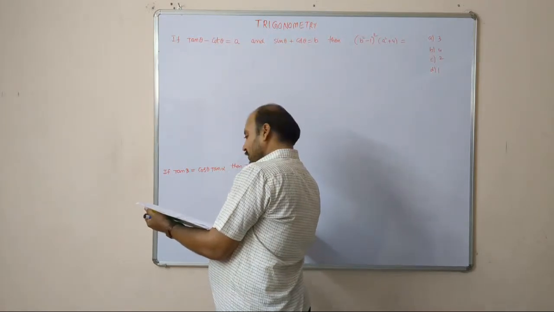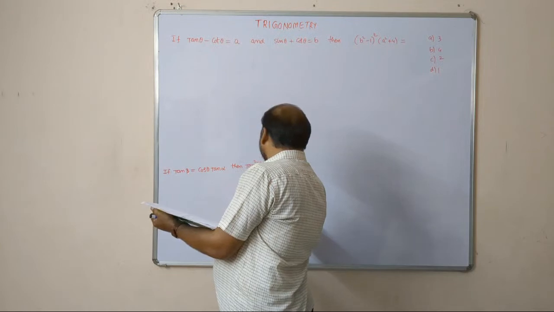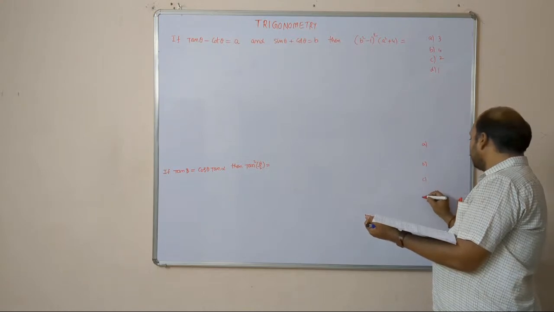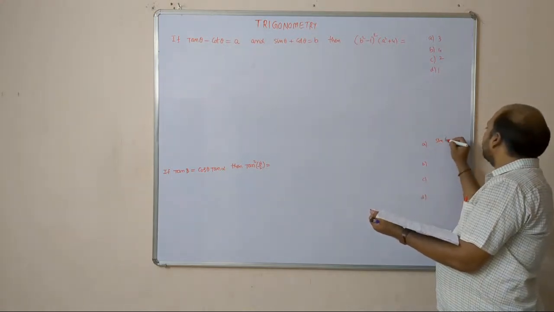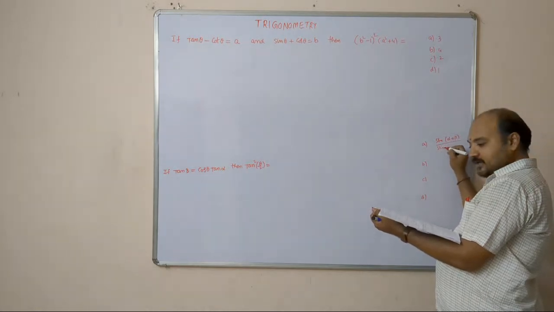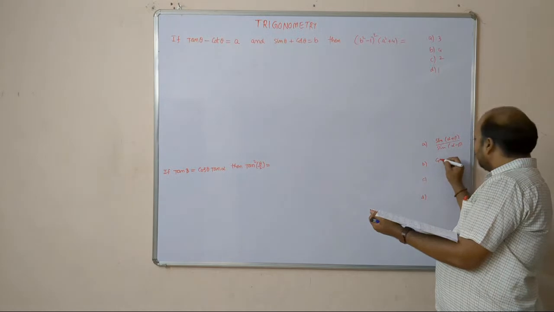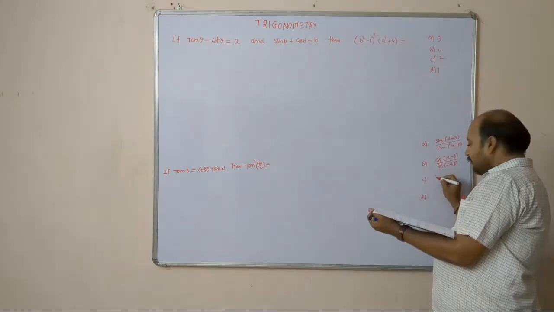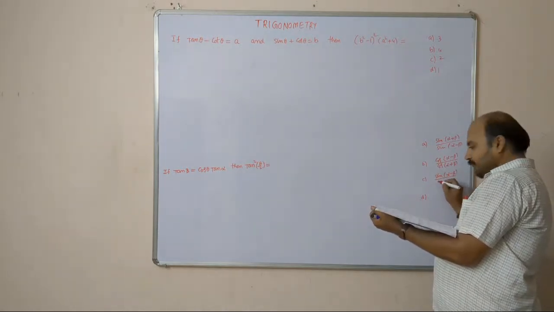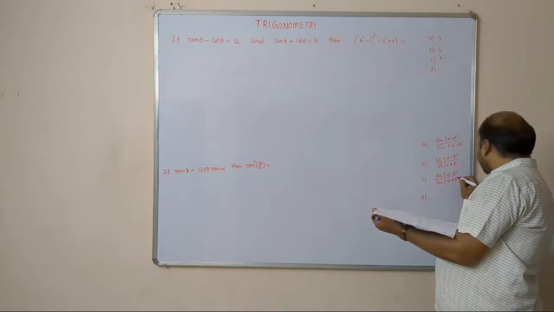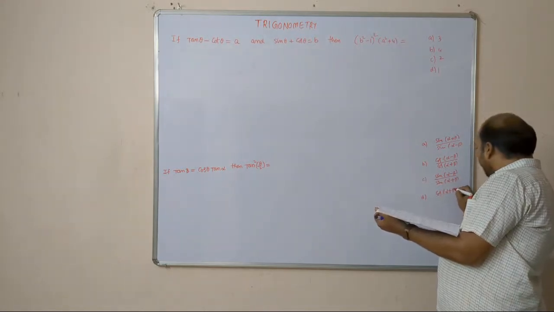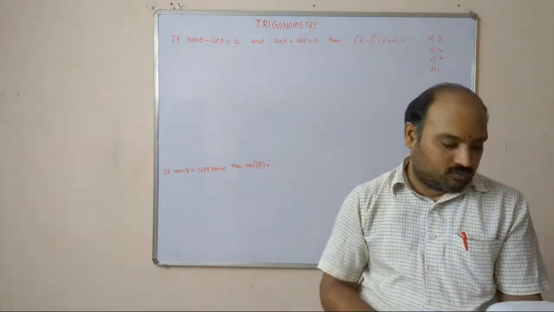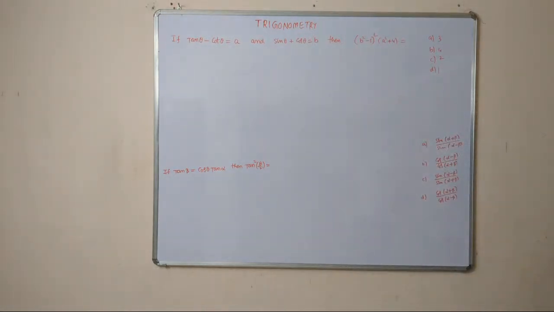Then tan square theta by 2 is equal to, and the options are: sin(alpha plus beta) divided by sin(alpha minus beta), cos(alpha minus beta) by cos(alpha plus beta), sin(alpha minus beta) by sin(alpha plus beta), cos(alpha plus beta) by cos(alpha minus beta). So we'll conclude with this.